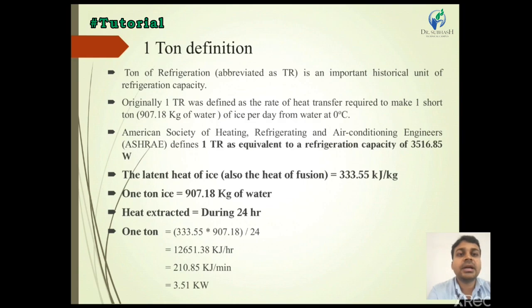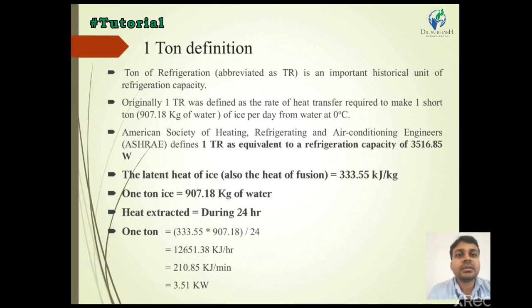On the other hand, we can say that 1 ton of ice melts during a 24-hour duration. The 0 centigrade ice converts into 0 centigrade water during 24 hours, and the heat absorbed from the atmosphere during that 24-hour duration is also called 1 ton of refrigeration.